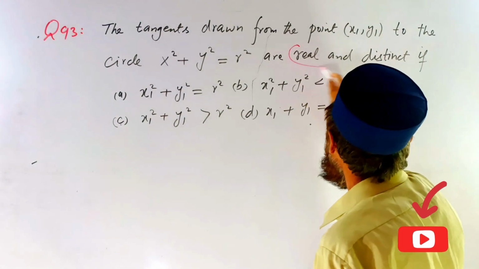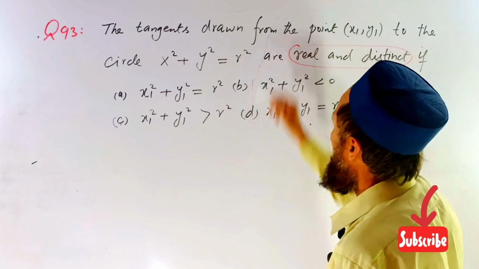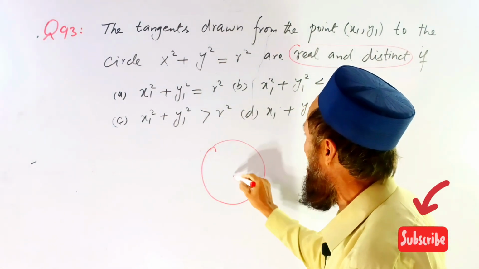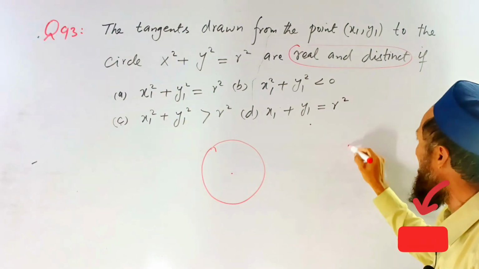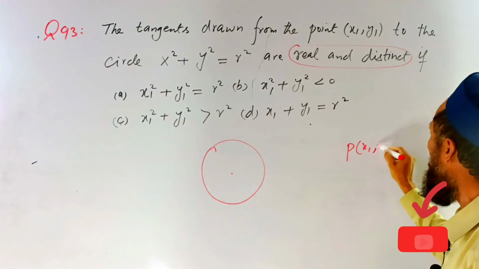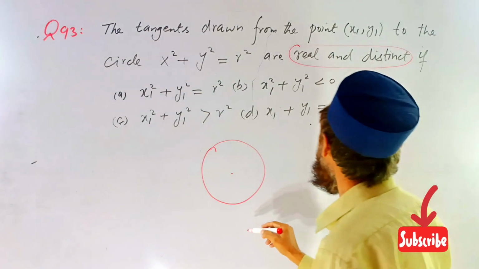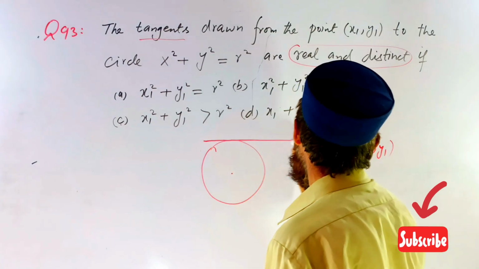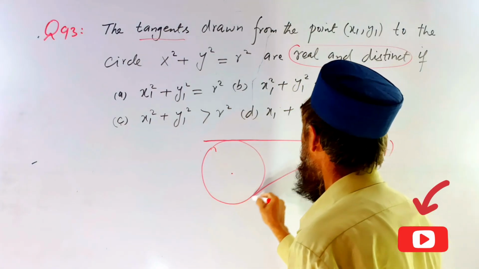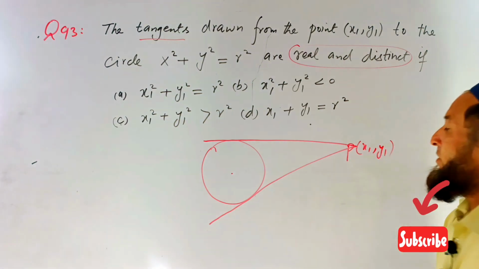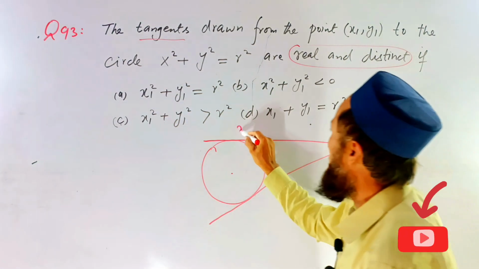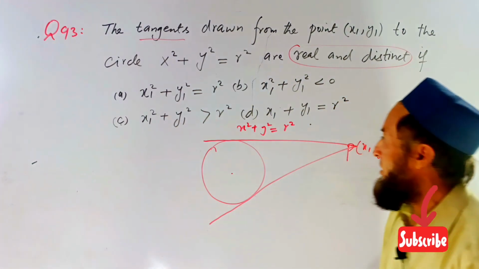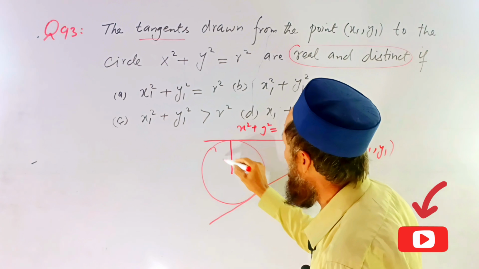If the point is any point from which tangents are drawn, first of all we take the circle and any point P(x1, y1), from which tangents are drawn to the circle x square plus y square is equal to r square. r is the radius of this circle.